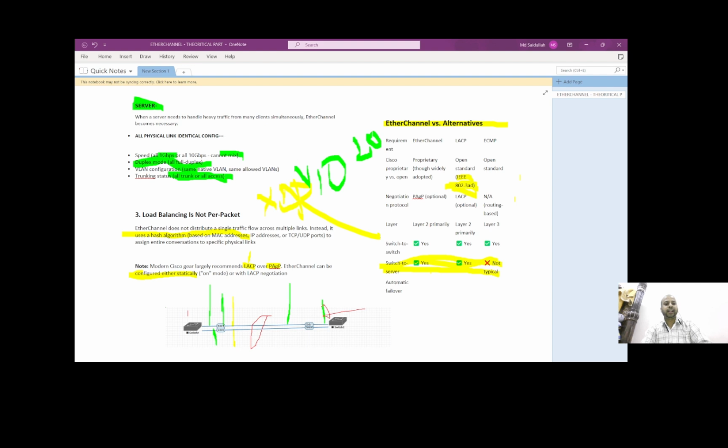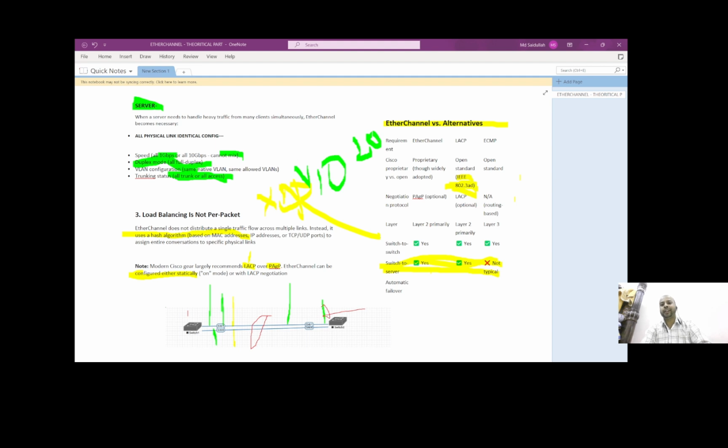Okay, and LACP recommends MAC address, IP address, TCP/UDP ports to assign an entire conversation to a specific physical link. All these technologies are used by EtherChannel to assign an entire conversation to a specific physical link. Any physical link like Gi0/0 or Gi0/1, any port it will decide and put the traffic on that one.